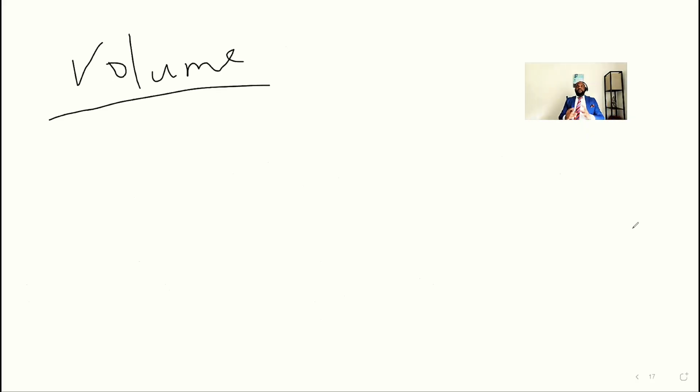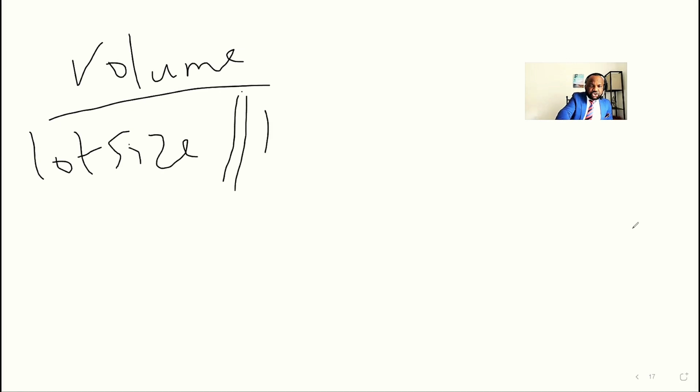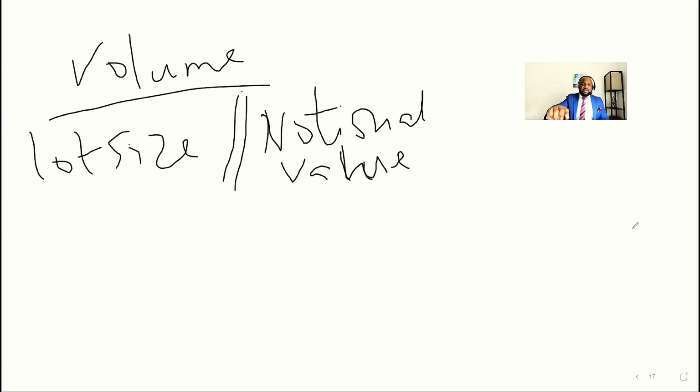So what is volume now? Volume is they call it lot size, and some call it notional value. Whatever it is they call it on the platform, it's the same thing.